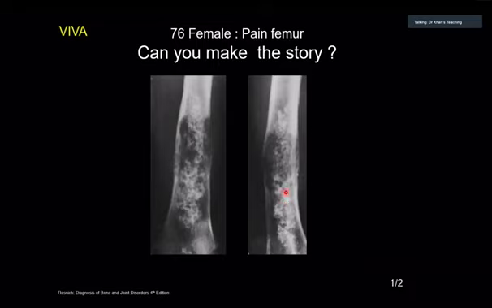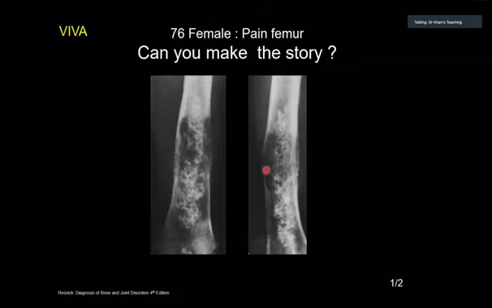Now, malignant transformation into a chondrosarcoma, when we look at the chondroid matrix, this is extremely important. What are the signs of malignant transformation of an enchondroma to a chondrosarcoma? Please remember that enchondromas sit in the medullary cavity.